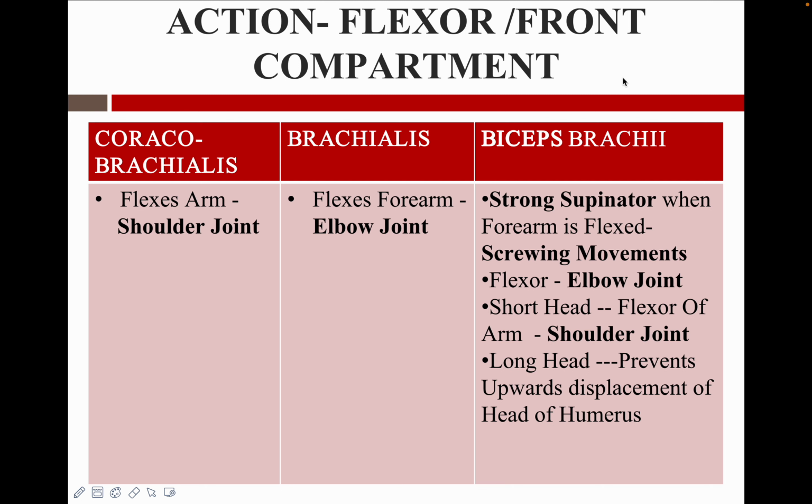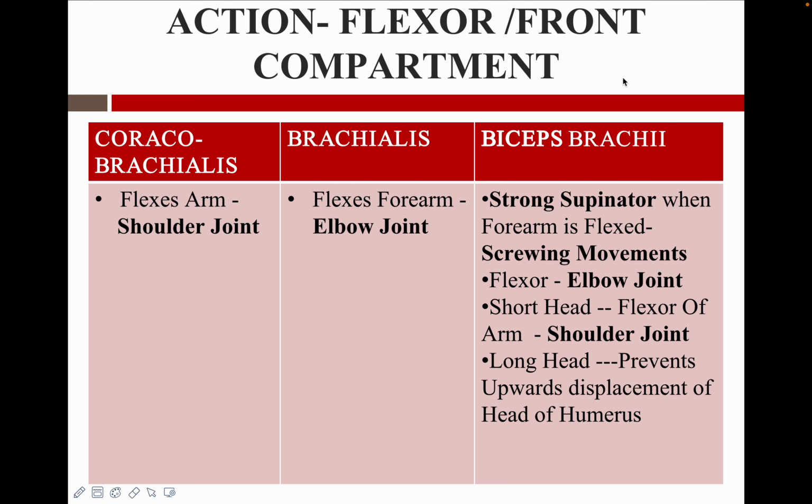We come down to the action of these muscles. As I told earlier, the front compartment, the anterior compartment, is also known as the flexor compartment. So all the muscles are involved in flexion. That is, Coracobrachialis flexes the arm because it is only limited to the arm, only limited to the humerus.